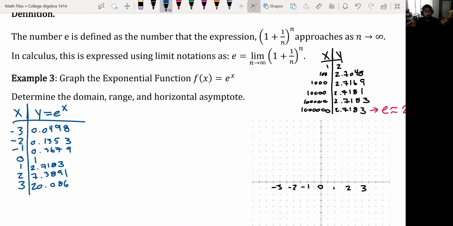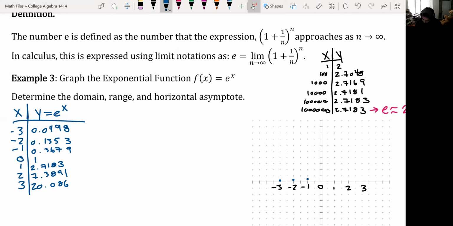Start off at -3. At -3, you're at 0.0498, which is 0.05, which is barely above the x-axis. And then -2, you're at 0.13 or 0.14, not much higher. And then -1, you're at 0.36, 0.37, still not much higher.